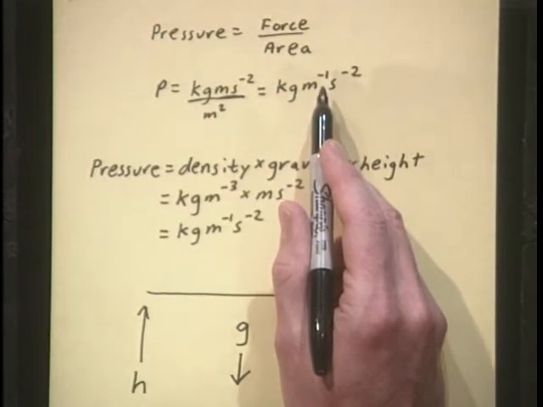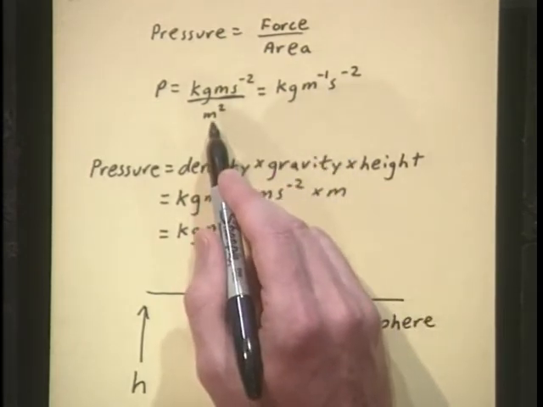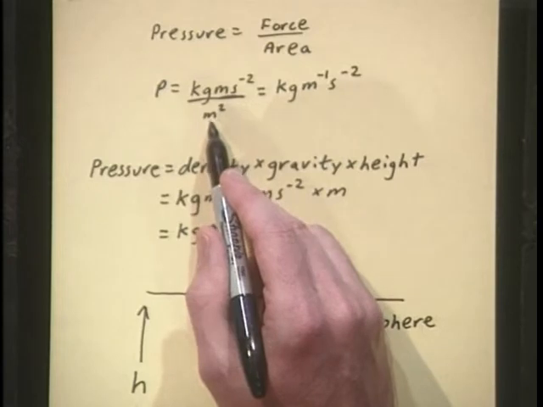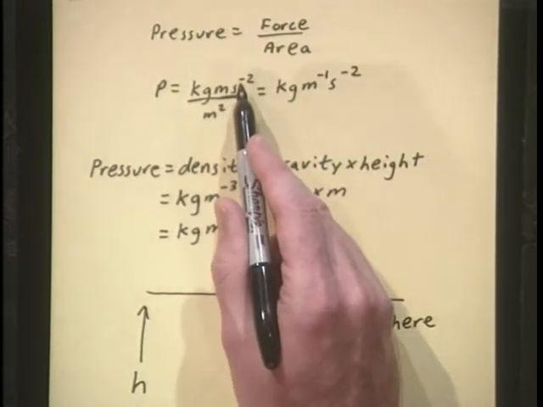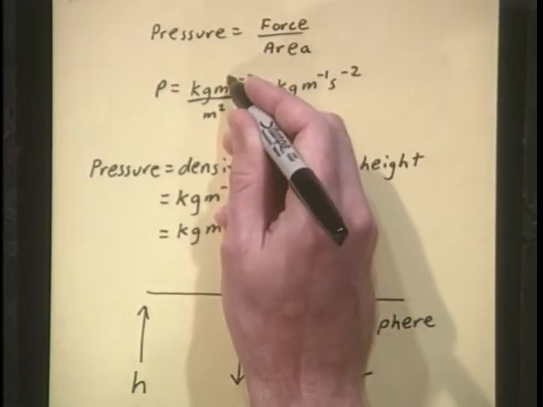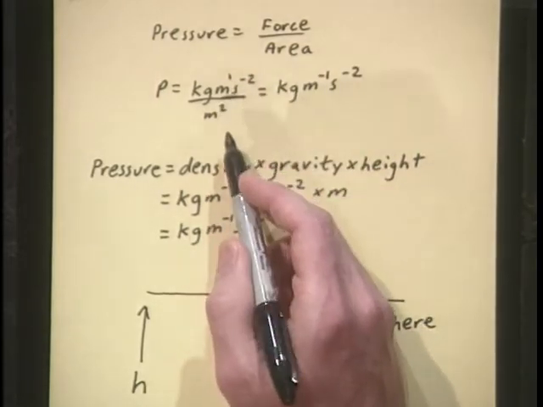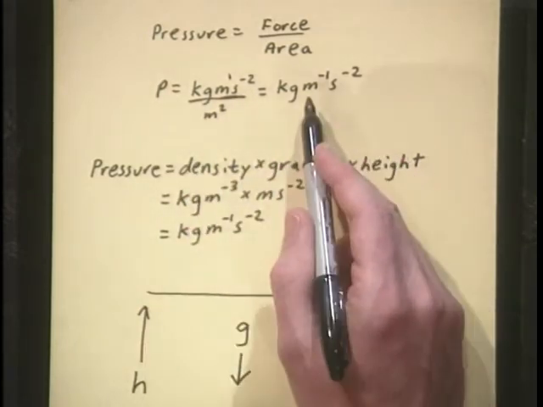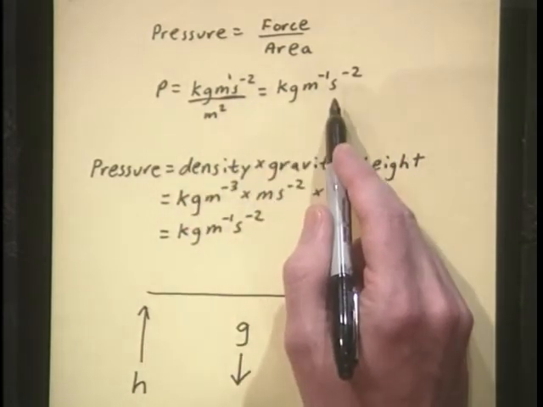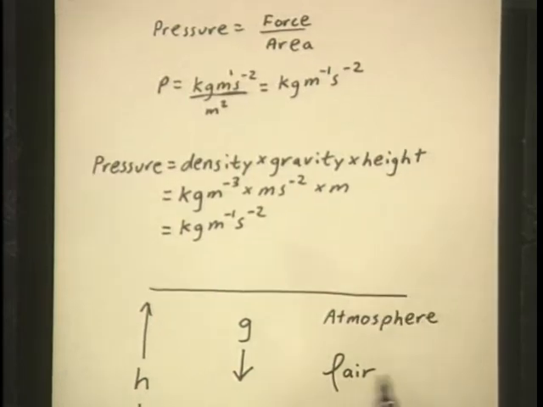Where this meter to the -1 came from was we had a meter squared in the denominator, and we brought this up to the numerator so that becomes a -2. You have an understood +1 with that meter, and this meter becomes a -2, so when you combine them together, that produces that -1, and then times seconds to the -2.